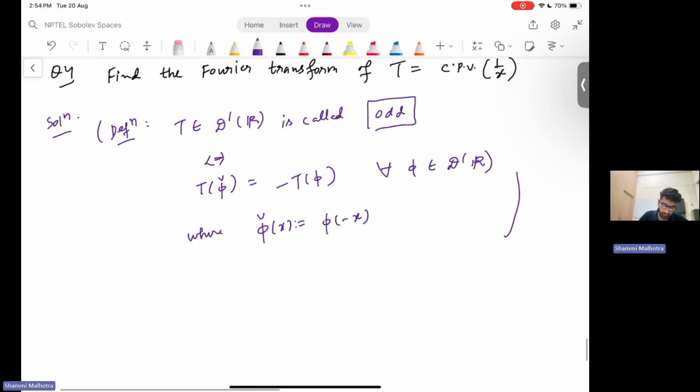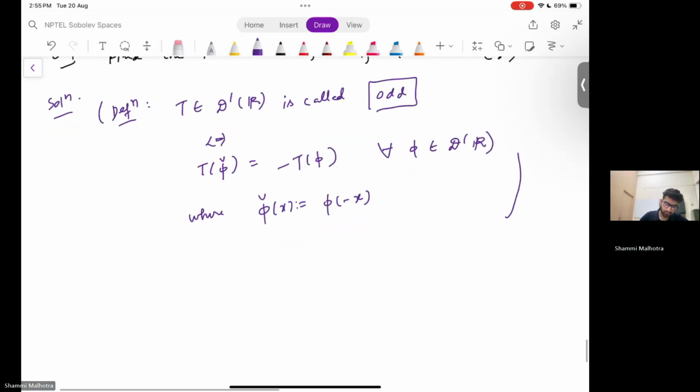One thing we can actually prove is that this Cauchy principal value is an odd distribution, which I am leaving as an exercise that you can try. It's not hard to prove. If we have an odd distribution, then its Fourier transform also turns out to be an odd distribution.